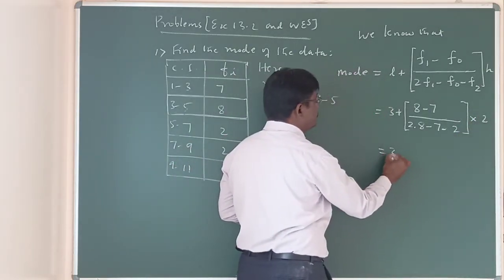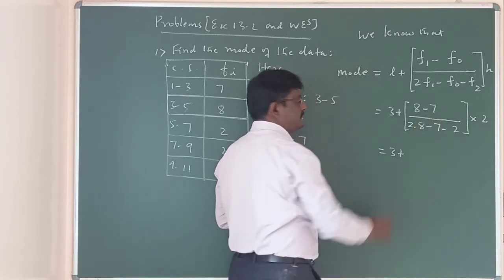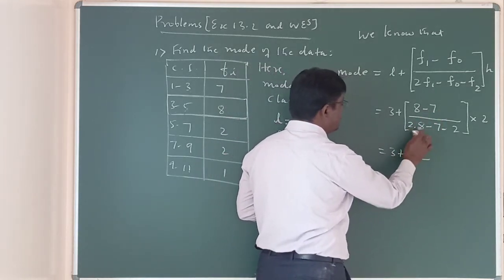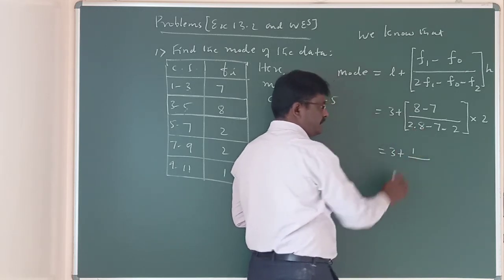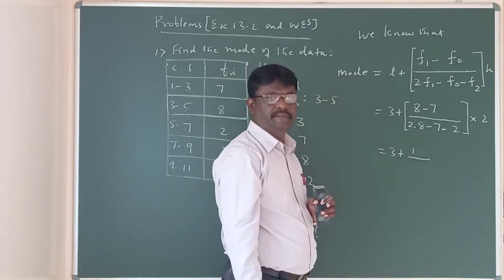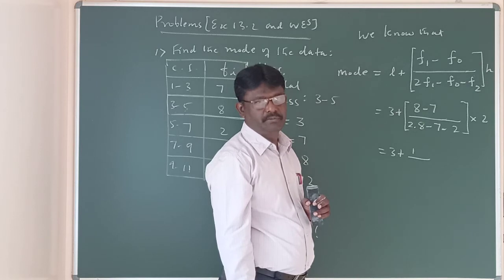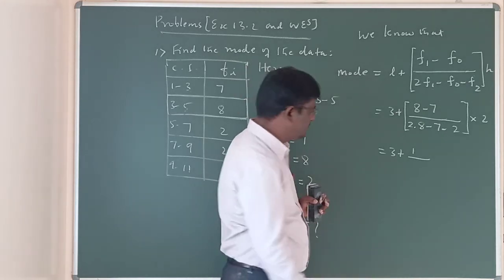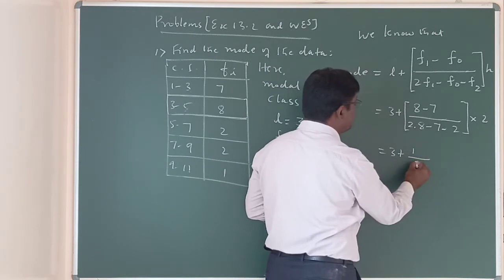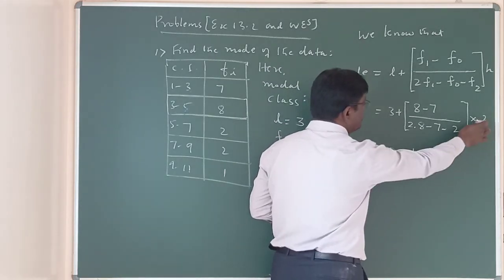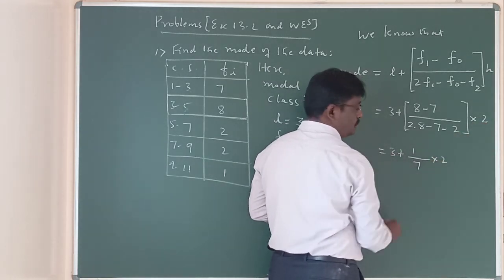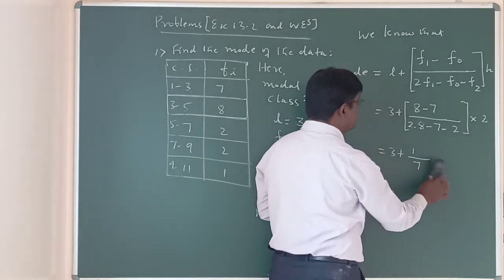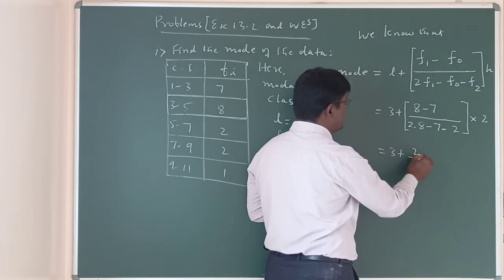This is equal to 3 plus 8 minus 7, which is 1. 2 eights are 16, 16 minus 9 is 7, into 2. 1 into 2 is 2.